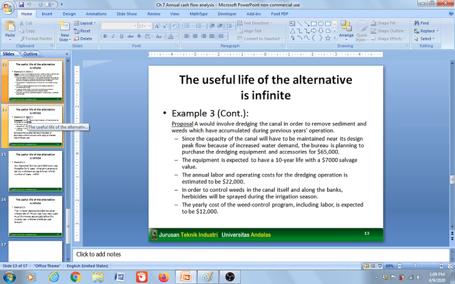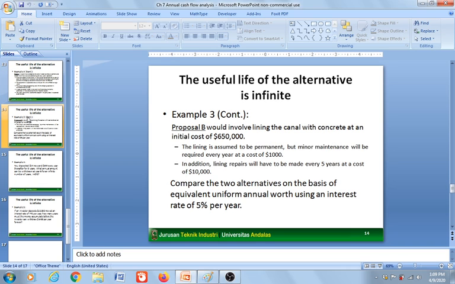And proposal B would involve lining the canal with concrete at the initial cost of 650,000. Here it is, the lining is assumed to be permanent.